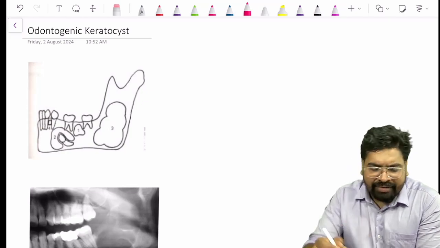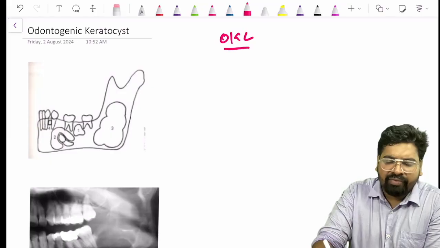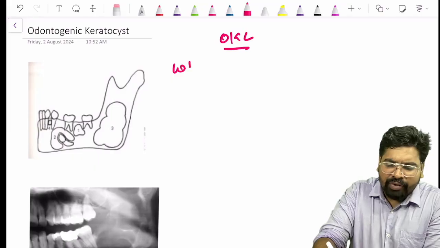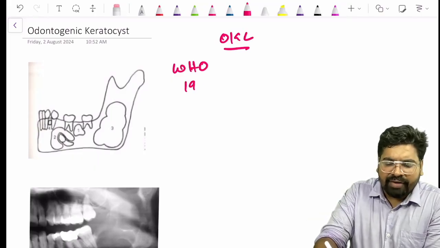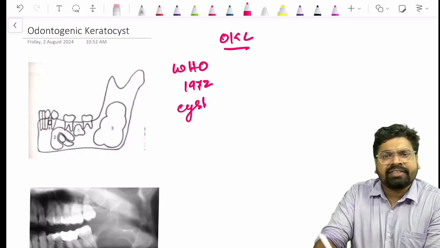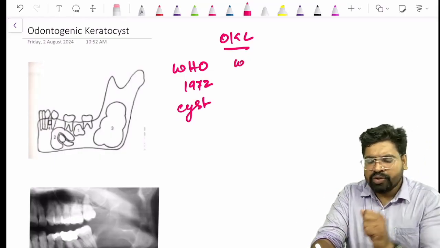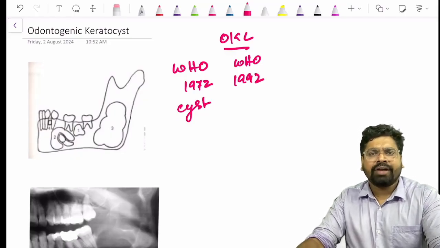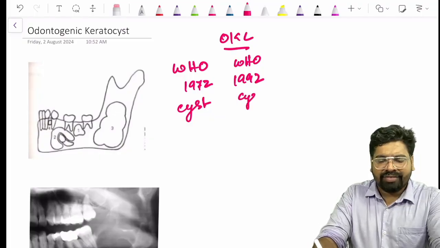So OKC has a history. OKC was classified as a cyst in the WHO, World Health Organization, 1972 classification. It was again classified as a cyst in WHO 1992. These are the years where WHO brought out classifications.